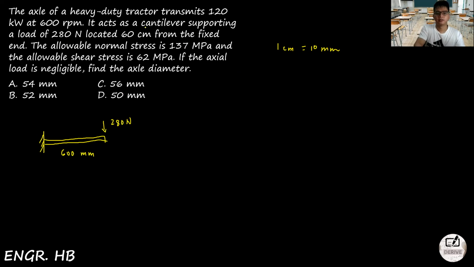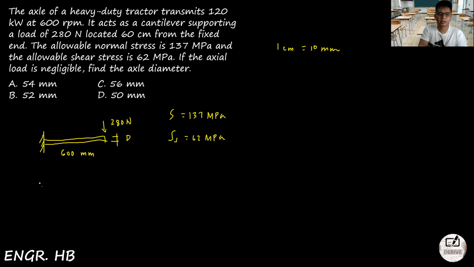So ang sabi, the allowable normal stress is 137 megapascals and the allowable shear stress is 62 megapascals. If the axial load is negligible, find the axial diameter. So sabihin natin ito yung diameter. So this is a case, syempre, ng combined stresses which is yung axial load is negligible, tamang-tama. Ang diniscuss natin sa formula kanina, yung little recap natin is just for combined stresses of torsion and bending.